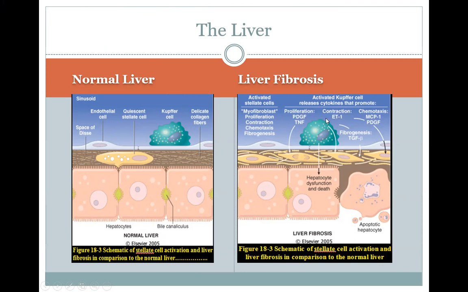It will also produce TNF and also PDGF, tumor necrosis factor and PDGF, that are going to make those cells proliferate and organize. So now, instead actually of the interrupted layer of the type 4 collagen, you're going to see a much thicker layer of fibrous tissue in this region.